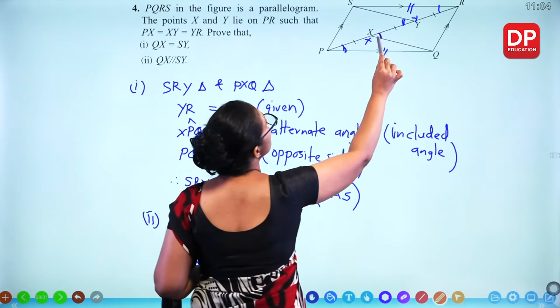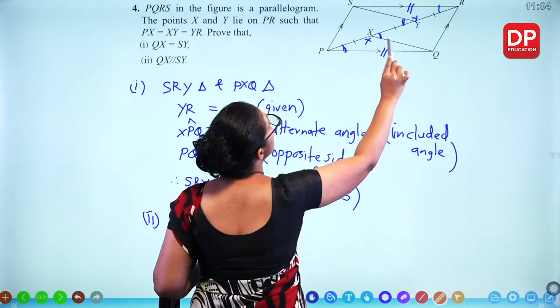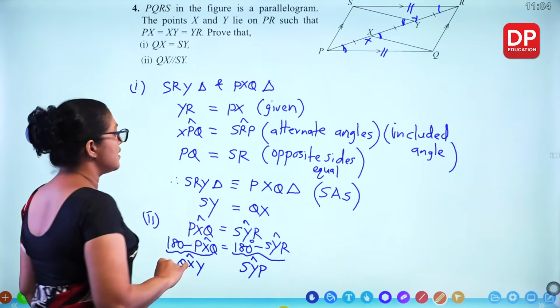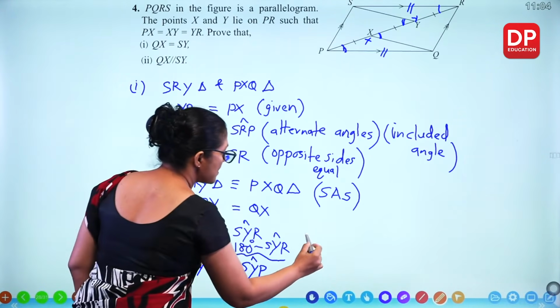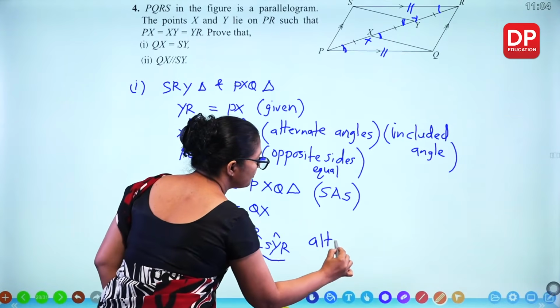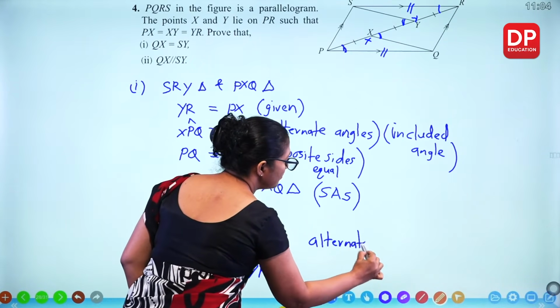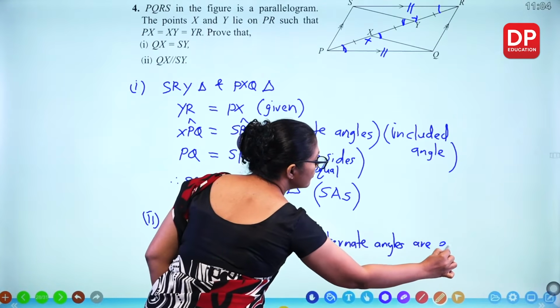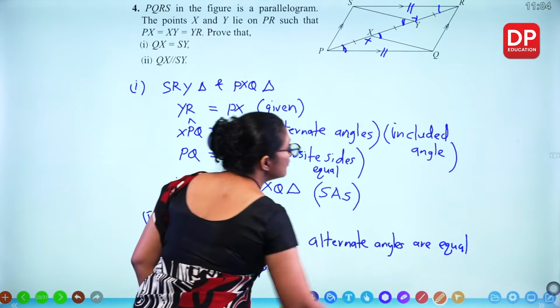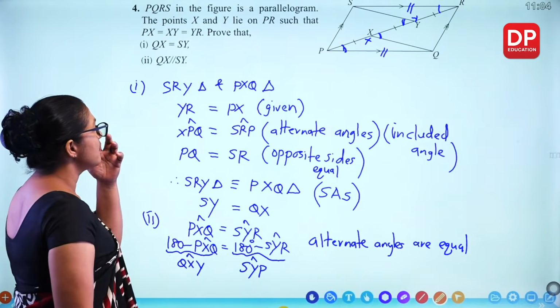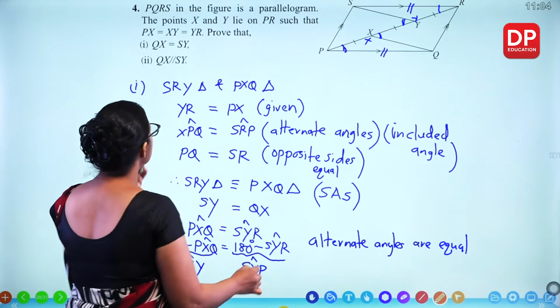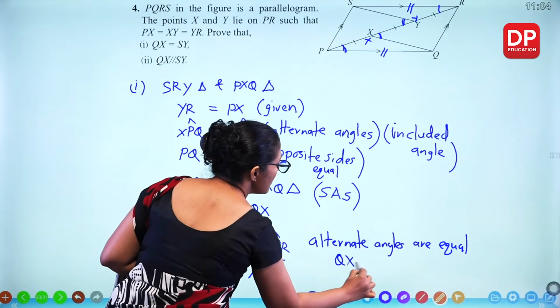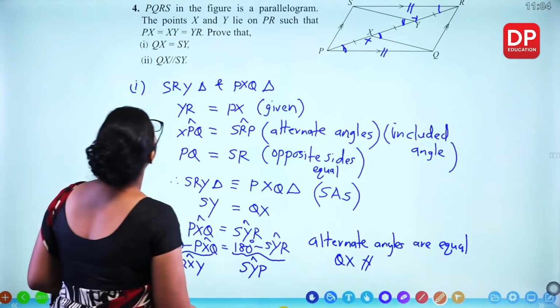Now we found out these two angles are equal. Alternate angles are equal means the two lines are parallel. I can write QX is parallel to SY.